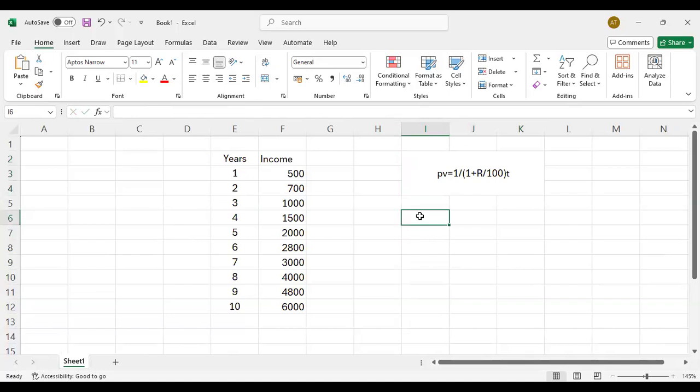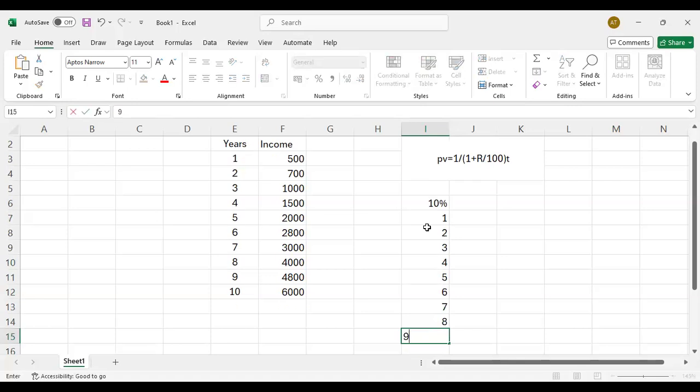So if I assume 10%, then in that case, year 1, 2, 3, 4, 5, 6, 7, 8, 9, and 10.